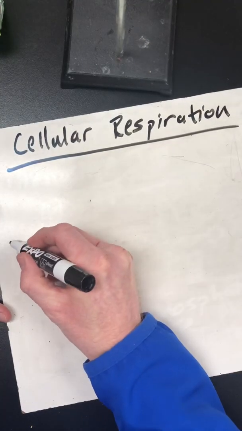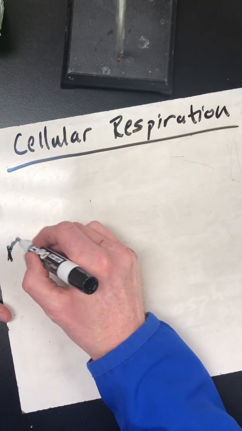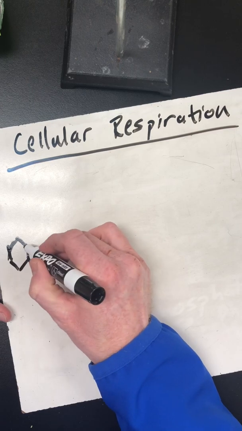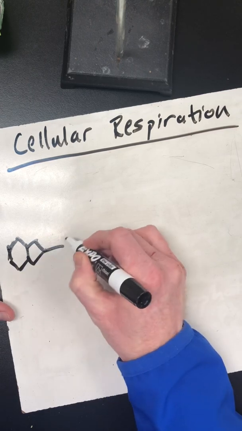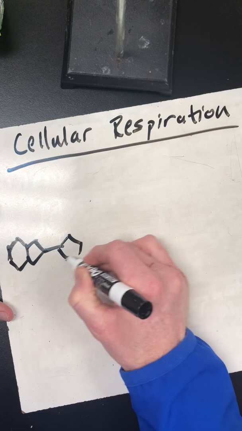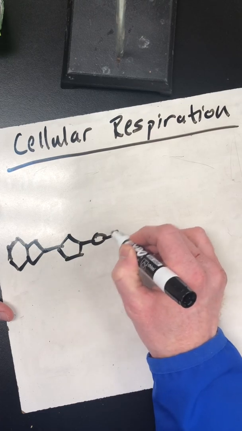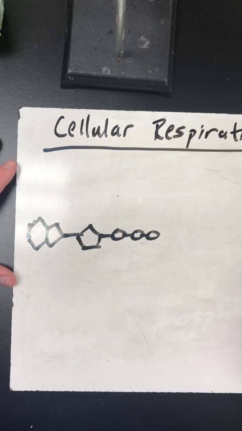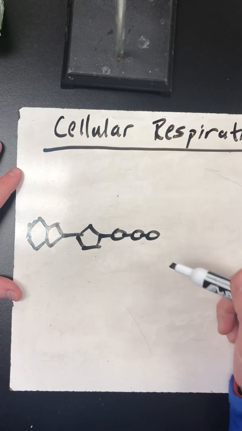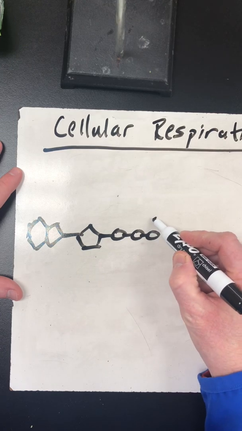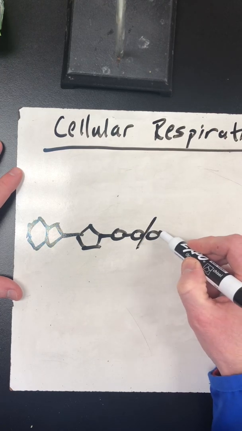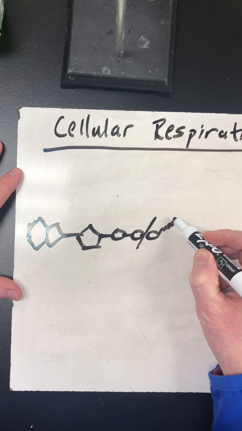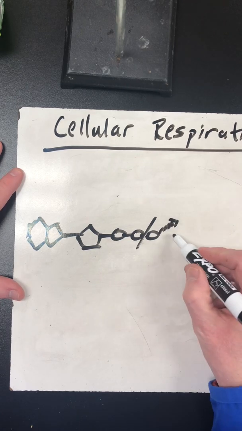Let me go a little smaller. Okay, I have ATP has a bunch of energy in it. Okay, this is a review. I already talked about this. How do I release the energy out? Okay, I'm going to break this bond and release that phosphate. What does that turn into?